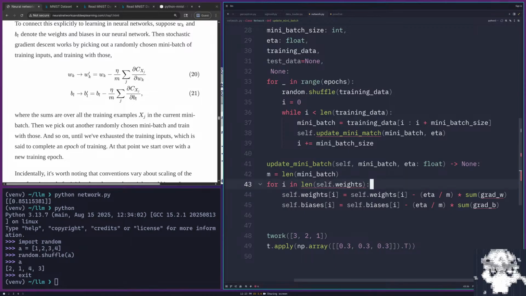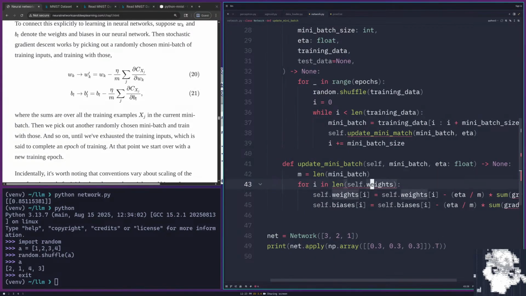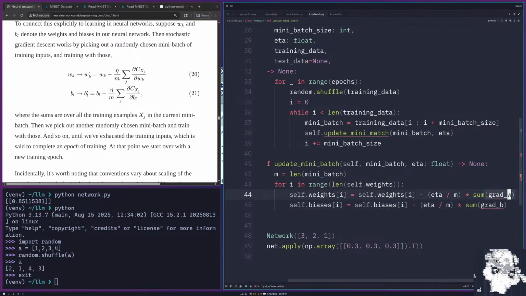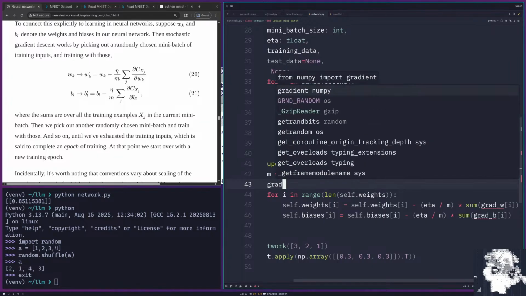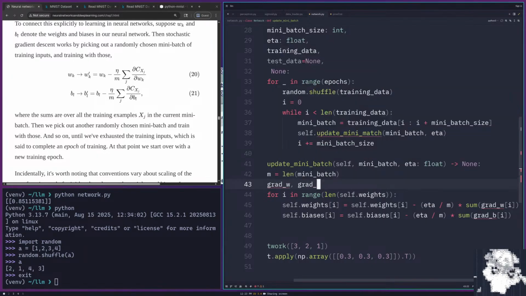Grad of w and b, I'm guessing I take the i thing out of this, and that the grad of w and b is what you get from backprop on the mini batch.